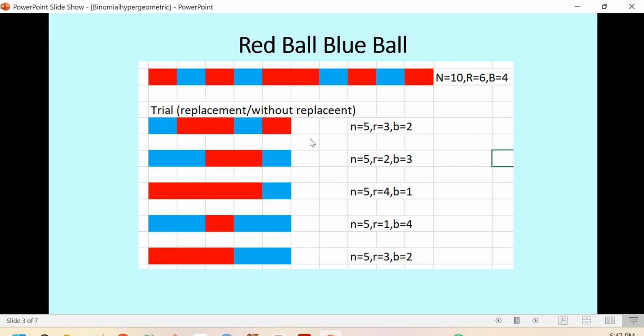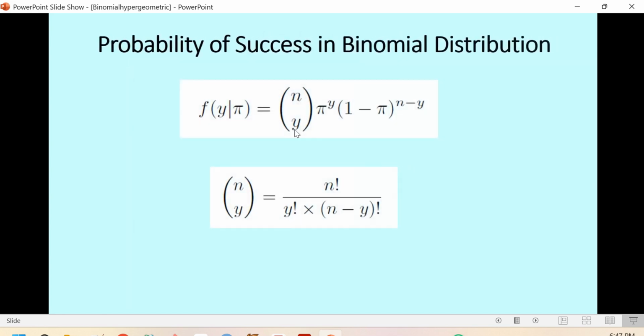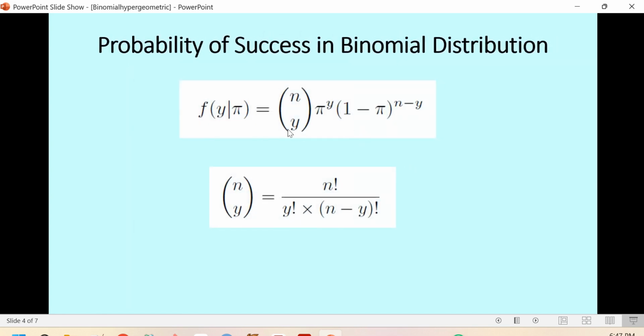We can just use the formula. This is the formula for calculating the binomial distribution success number. Here is a combination of n and y. n is the sample number, so we get 5 here.